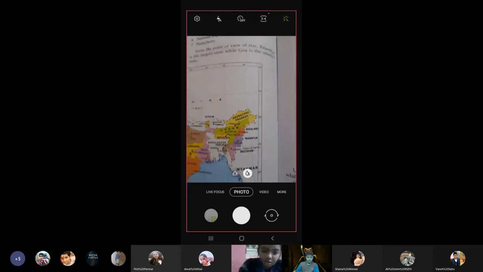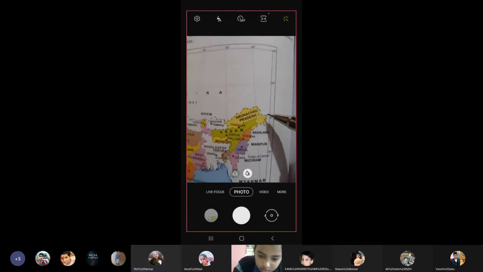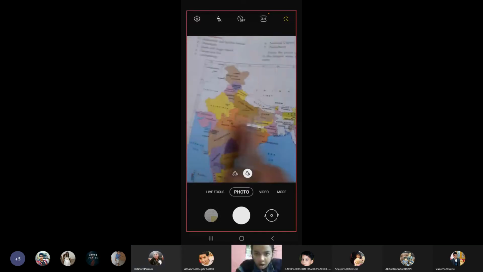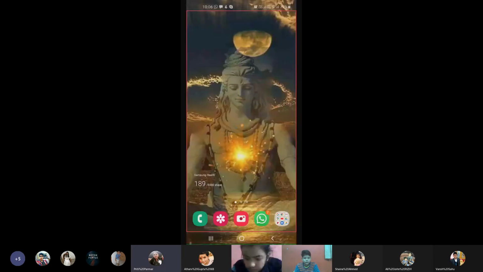It is a little over 90. This place is the longitudinal extent. From here till here is the longitudinal extent of the country. And since it is in the eastern hemisphere, that is why it is written here.